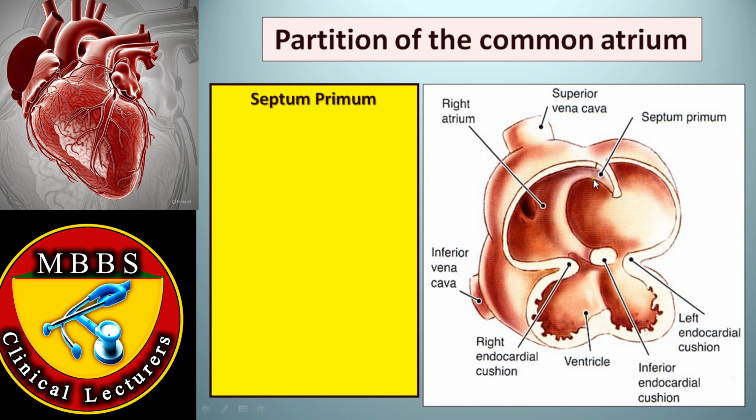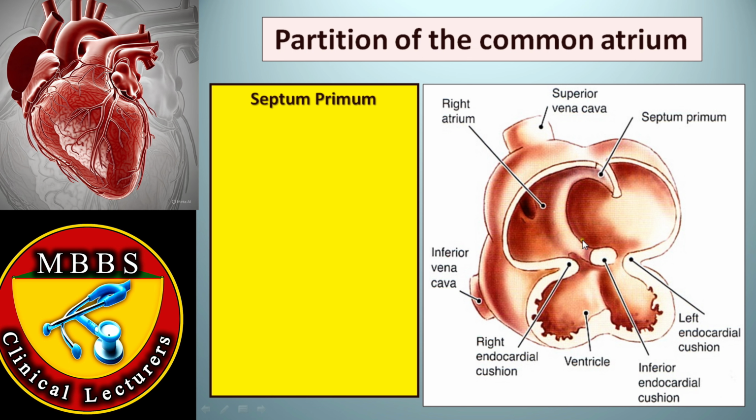Initially, the septum primum descends down to reach the endocardial cushion, and the endocardial cushion also approximates towards the edge of the septum primum. So these two edges try to meet in the midline, and it provides the flow from the right to the left side when there is a partial partitioning.